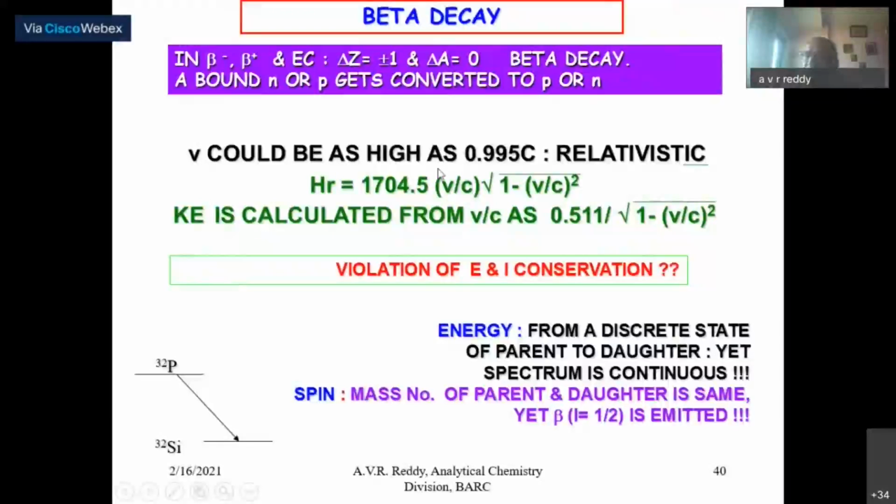And therefore, by using the magnetic measurements and the relativistic relation, we can arrive at the velocity value. Once we get the velocity, then we can use the relation, and we know the magnetic field we are using, we can arrive at the beta energy. Okay, that is the point I want to make. Now we will move to the next one.